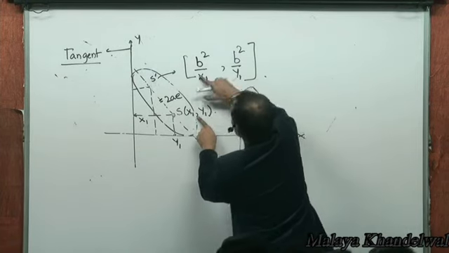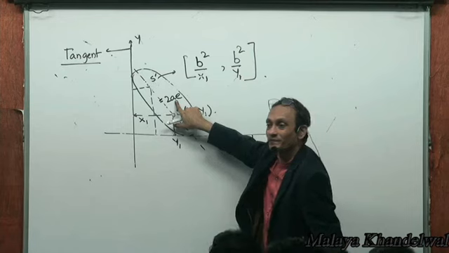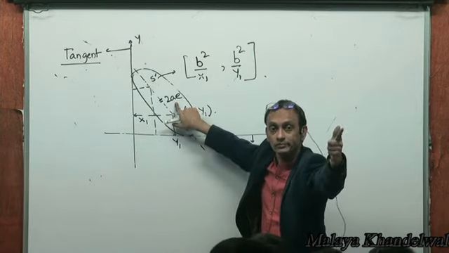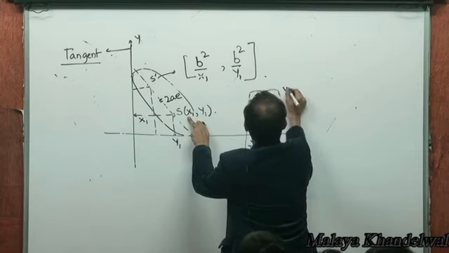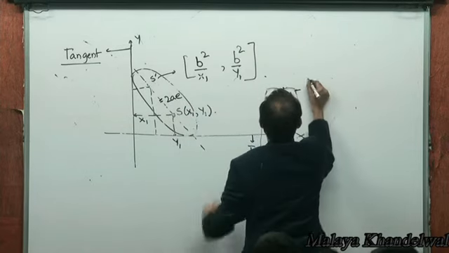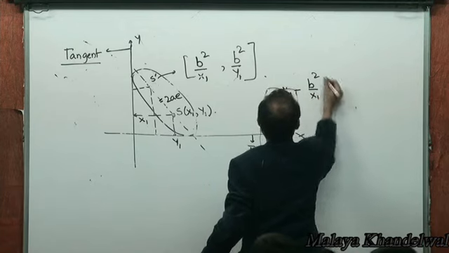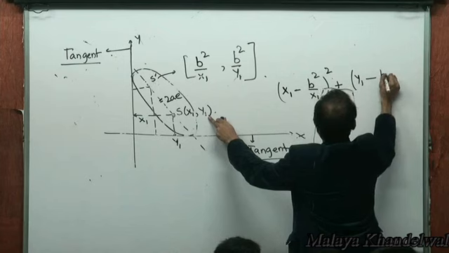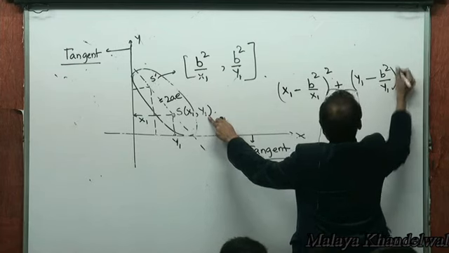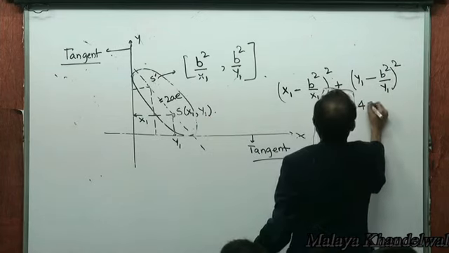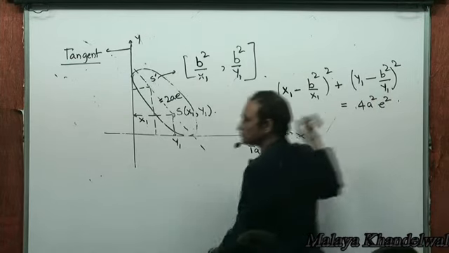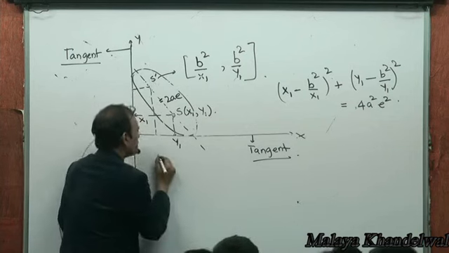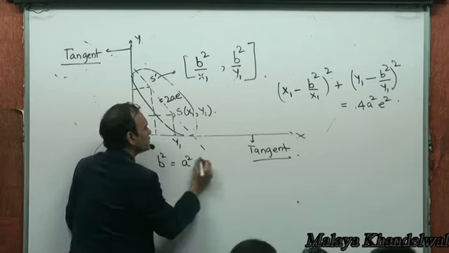Now, the distance between this point and this point must therefore be 2ae. That means the square of this distance would be 4a squared e squared. So, by the distance formula, (x1 minus h) whole square plus (y1 minus k) whole square equals 4a squared e squared. Yes or no? Right? Now, b squared is a squared into 1 minus e squared.